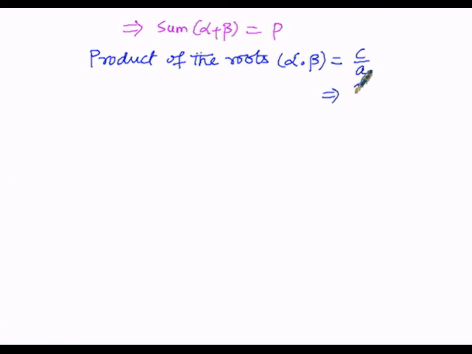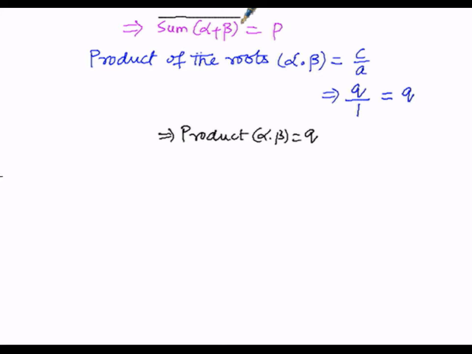C is q, overall divided by a which is 1, then that equals q by 1, which is q. In this manner I got the product of the roots. So the product, alpha into beta, equals just q.